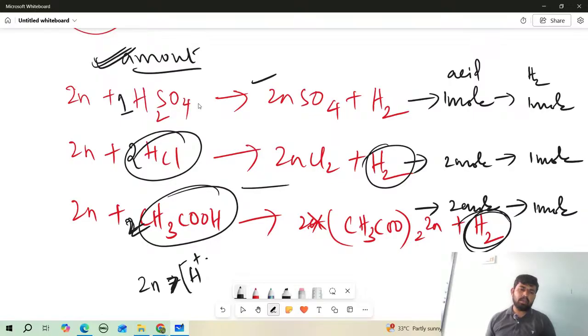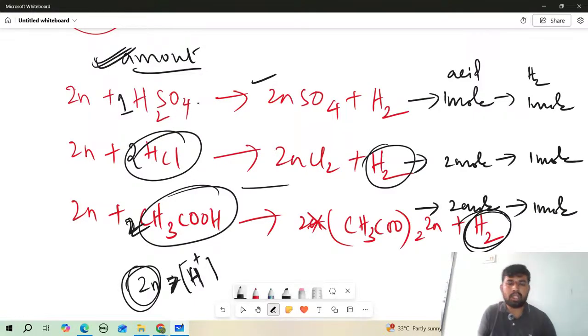If zinc were less reactive than hydrogen, then hydrogen gas would not be produced. Similarly, if they give magnesium in place of zinc, what happens? The rate of formation of bubbles will be faster, because magnesium is more reactive than zinc. That may be the way of asking the question.